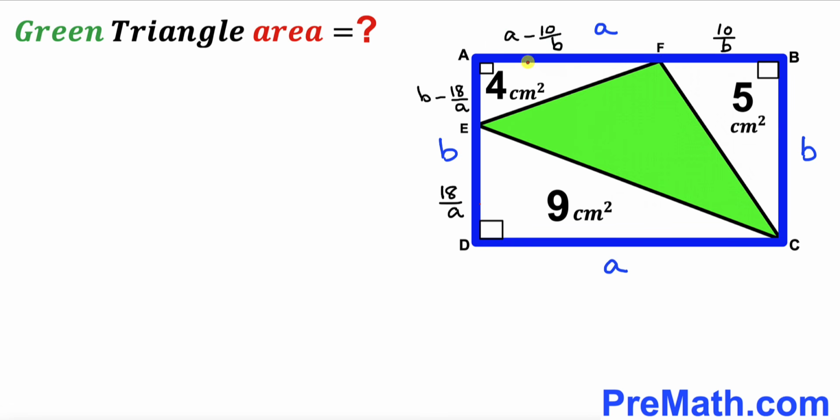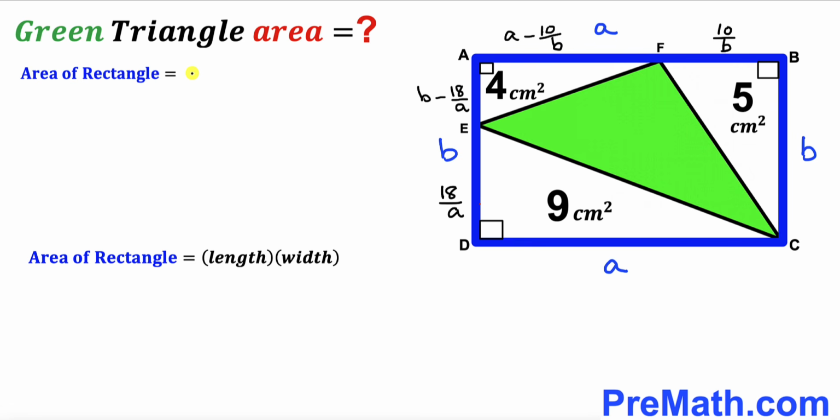Now let's focus once again on this blue rectangle ABCD. Let's recall the area of a rectangle formula. Area is always equal to length times the width of the rectangle. In our case, the length of the rectangle is lowercase a and the width is lowercase b.